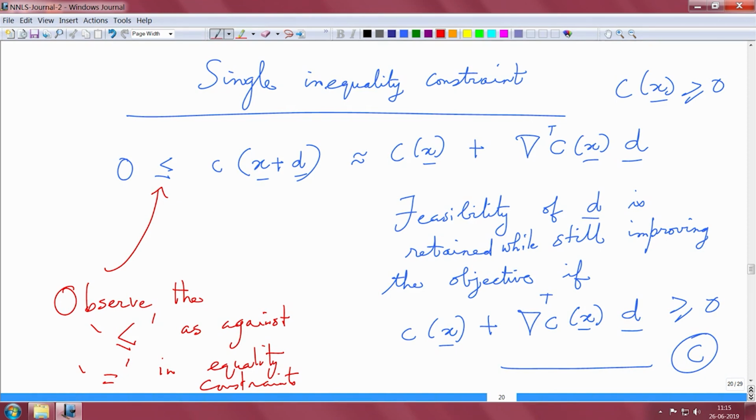Therefore, C of x plus del C dot the direction is greater than or equal to 0, because C of x is also greater than or equal to 0, right. We plug in this condition here. So, therefore, C of x plus del C transpose d is greater than or equal to 0, because this is greater than or equal to 0 and this is also greater than or equal to 0. So, I call this inequality to be C.